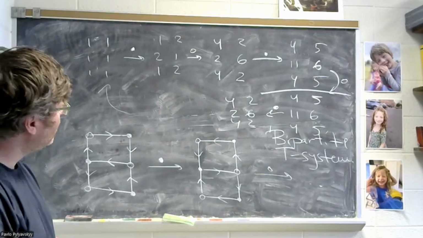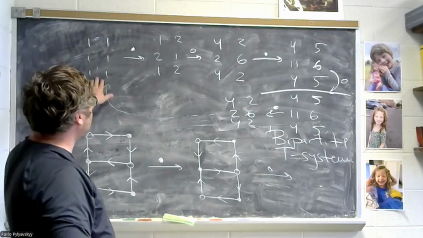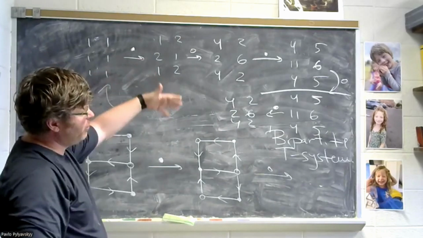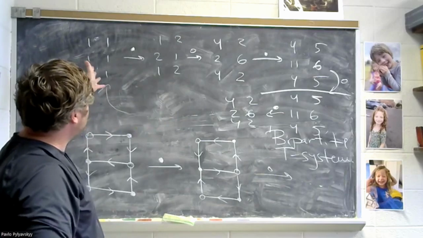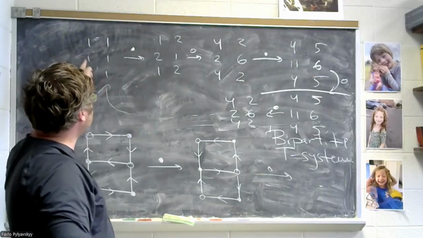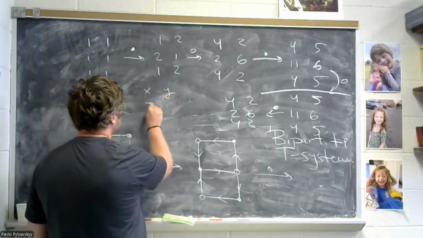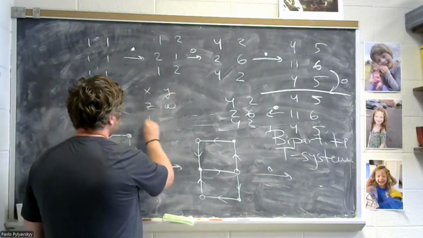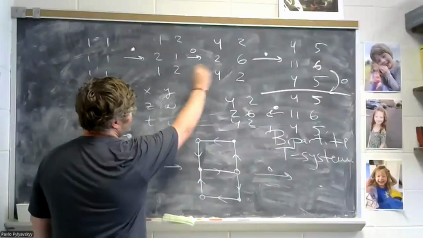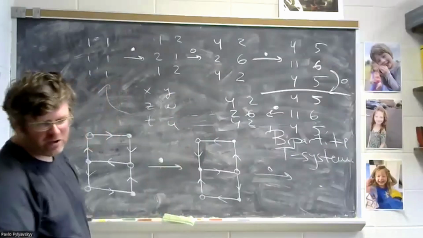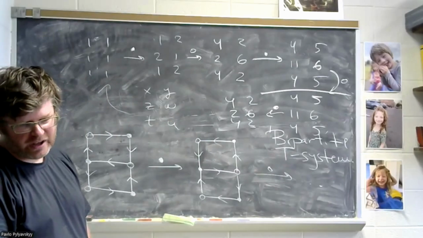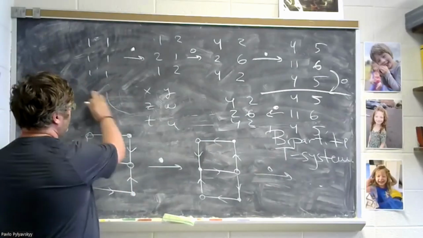So at least in this case, with those starting numbers, this was periodic, and you can check that if you plug in variables instead of numbers, you could start with x, y, z, w, t, u. Do the cycle, you can check that you will come back. And why don't we make it your homework exercise?